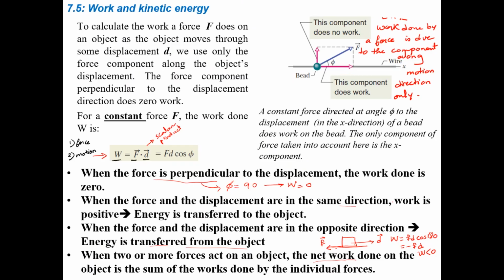As you can see, the work done is a scalar product, or a dot product, of the force and the displacement. I remind you of the scalar product. We gave it a formula when we studied the vectors, and we said this is equal to F D cosine phi, where phi is essentially the angle between the force and the displacement.